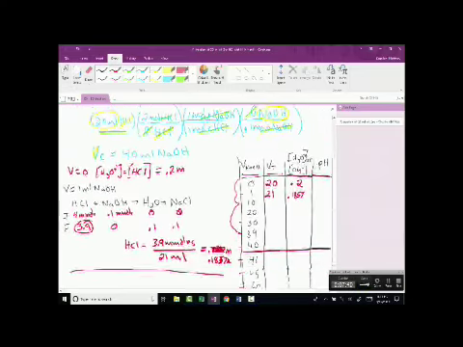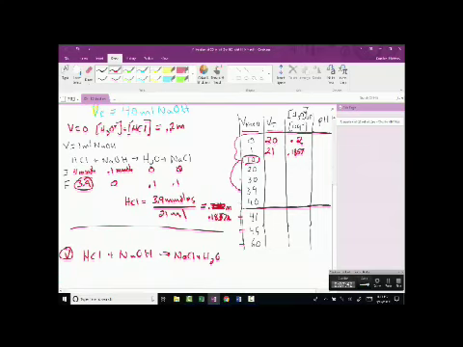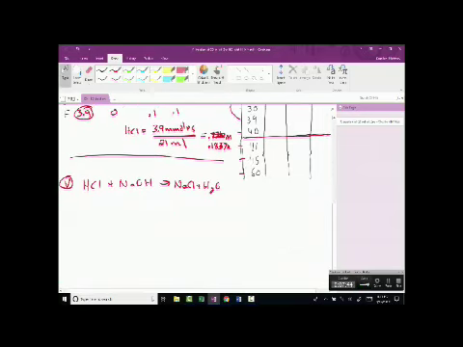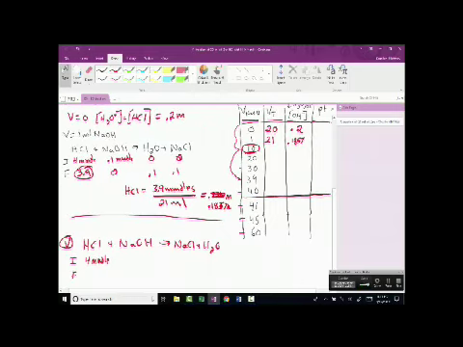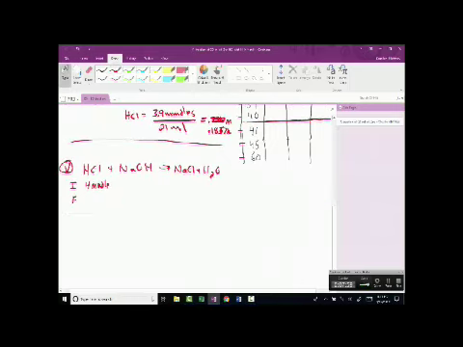So the next one I do is 10 milliliters of that. So again, I have 40 milliliter or 4 millimoles. I always start completely back at the beginning. Initial, final, and 10 milliliters of sodium hydroxide will give us 1 millimole.